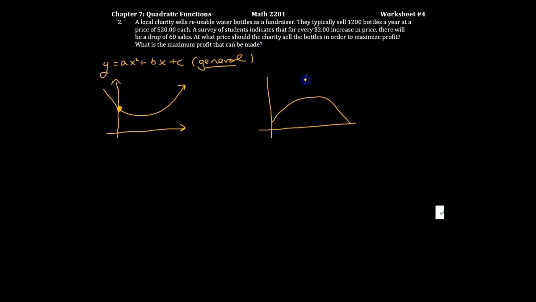We would then find the axis of symmetry and use that to help get both coordinates of the vertex. So an x value and a y value. And remember the equation of the axis of symmetry, negative b over 2a.